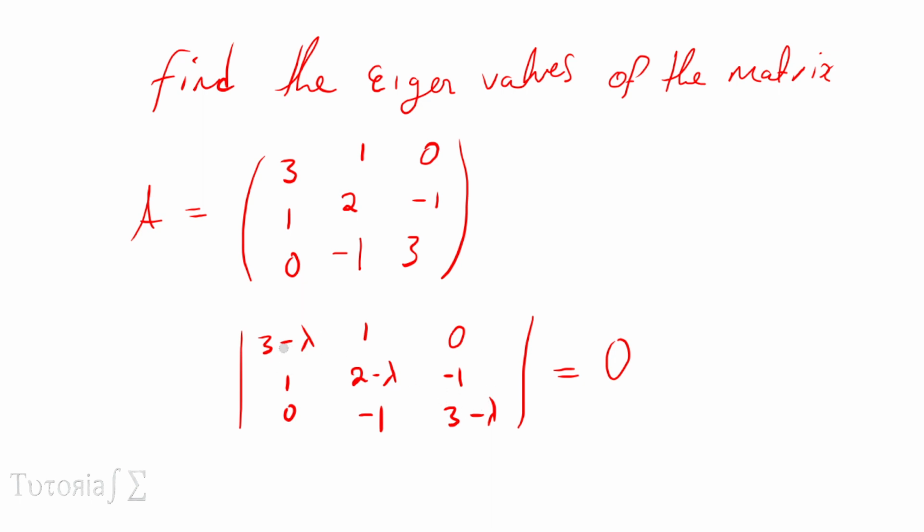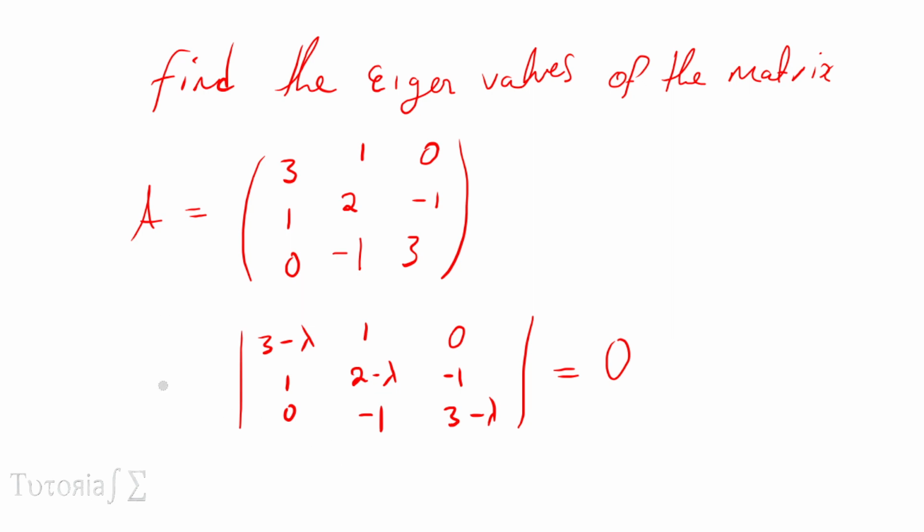First of all, you need to find the determinant of this. You can use the cofactor method or whichever method you want. After that, you are going to get a polynomial, which is known as the characteristic polynomial, which will be a three-degree polynomial.